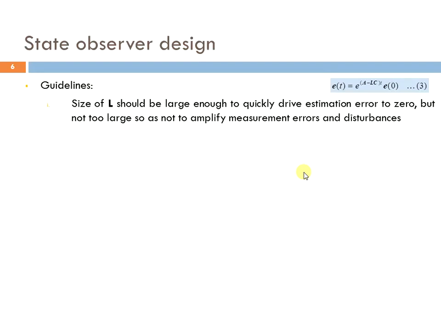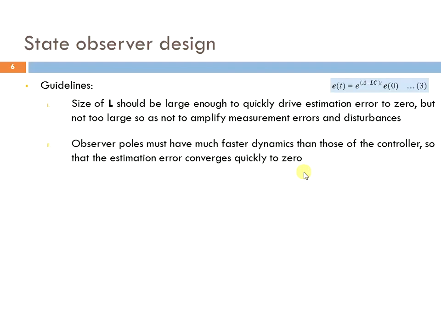So one effect of having a large observer gain may be to amplify those measurement errors or noise. So in setting the value of L to be large, we do not want to amplify the noise associated with measurement of the output.